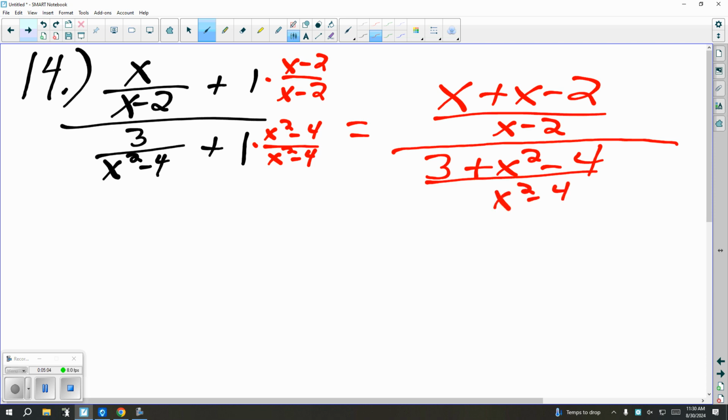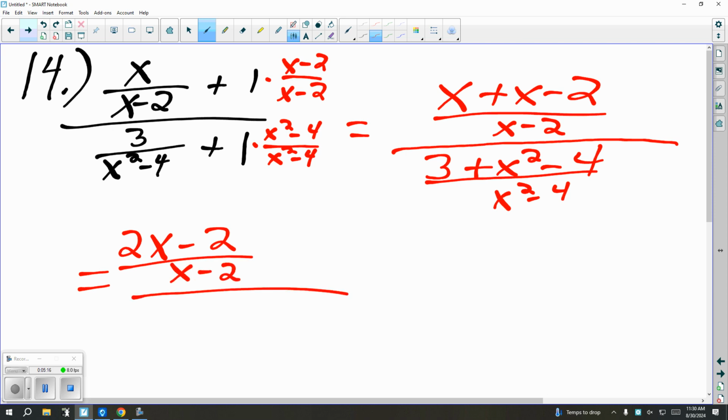Okay, so then the top really doesn't change. It becomes a 2x plus minus 2. And then the bottom becomes, what is that? x squared minus 1 all over x squared minus 4.